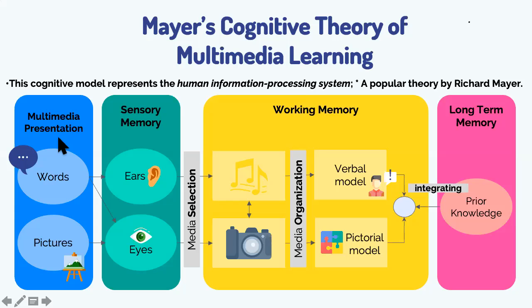According to Mayer, there are two important types of multimedia assets that can be presented to the learners: words, in the form of text, or pictures, in the form of visuals, moving pictures, and icons. This information can be received by the learners through the senses, the more common ones being the ears and the eyes, through the hearing sense and the sight sense.